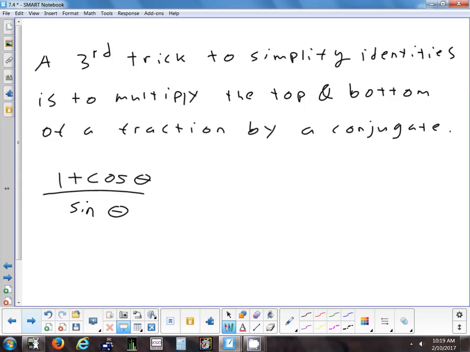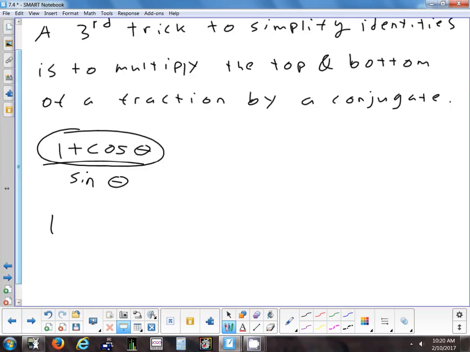This is the kind of problem where you would use a conjugate. Everything's already sines and cosines. Everything already has a common denominator. But any term that's a number plus or minus a trig function, you have a conjugate. So the conjugate of this becomes that.